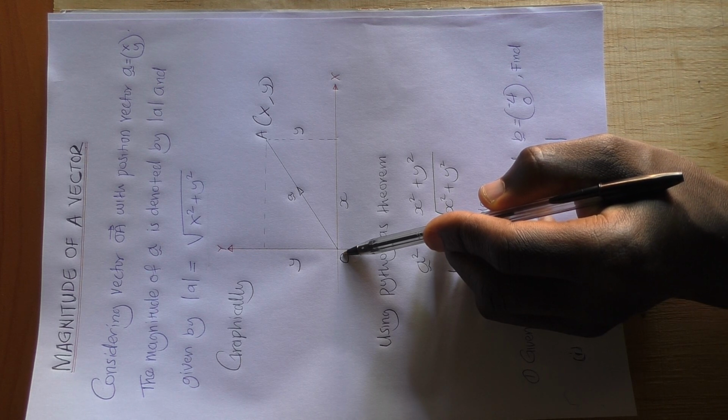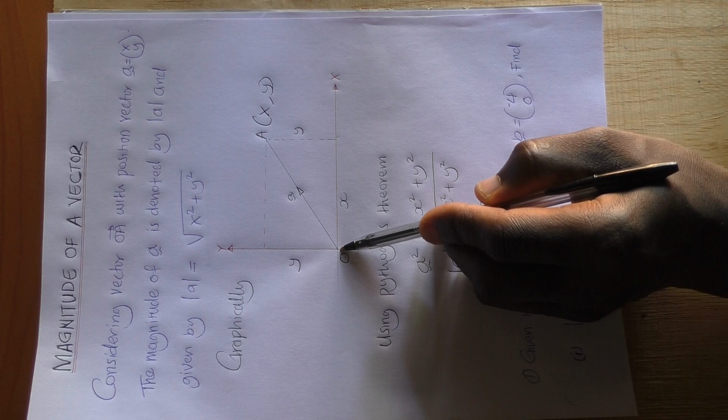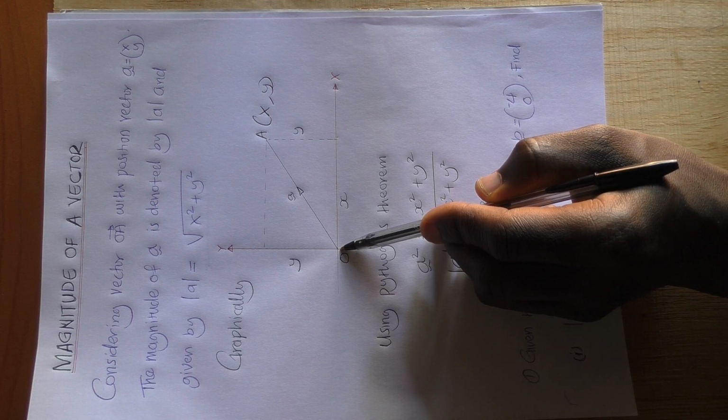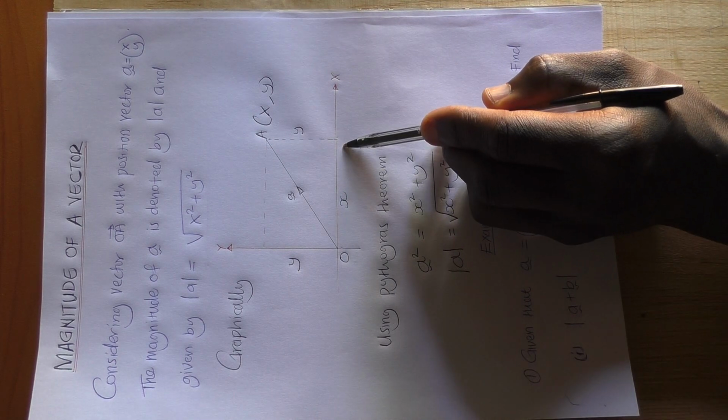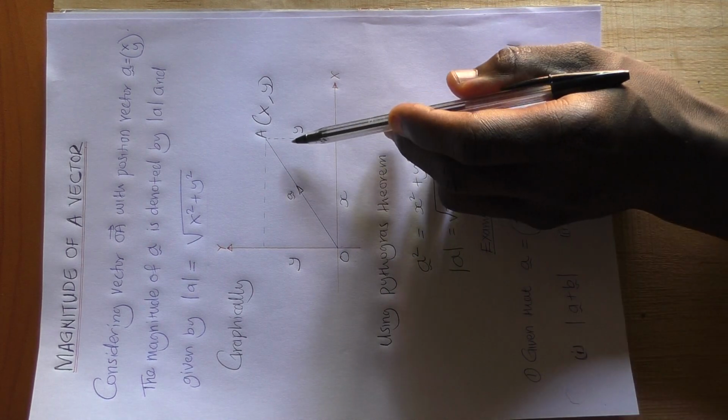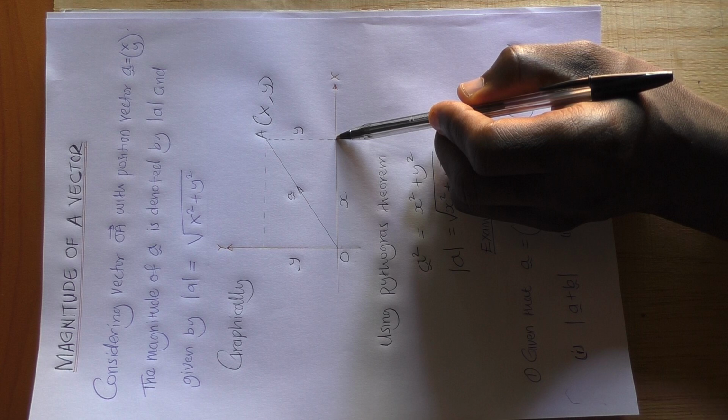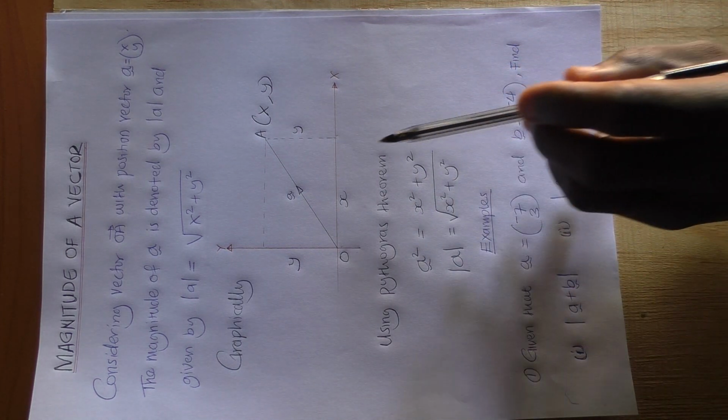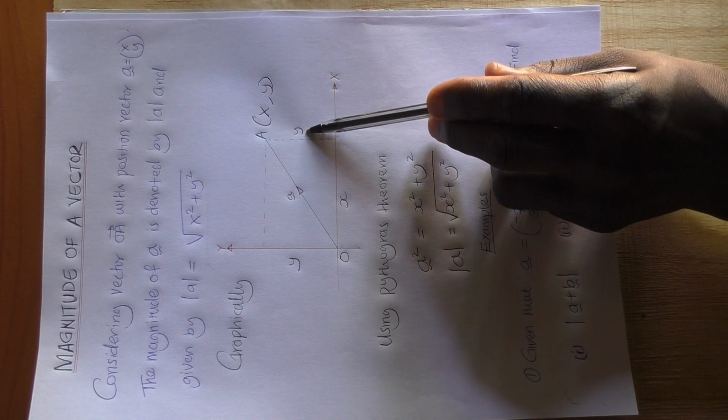Meaning, we shall have the horizontal displacement of vector A given as x and the vertical displacement of vector A given as y.